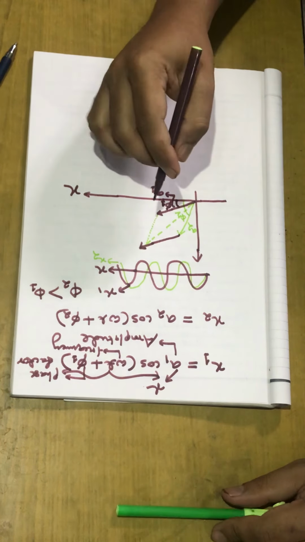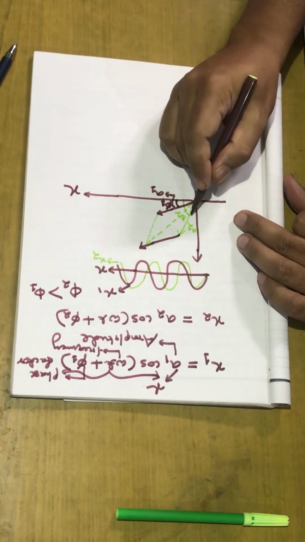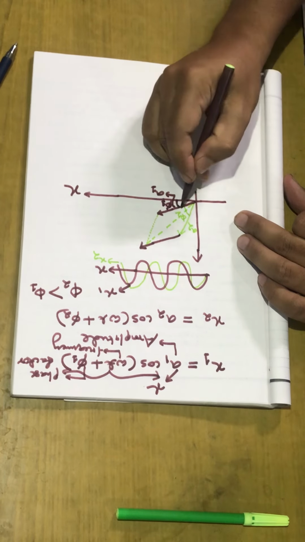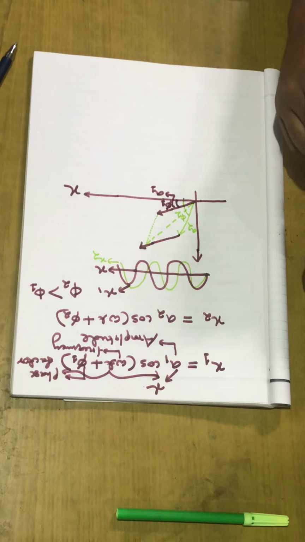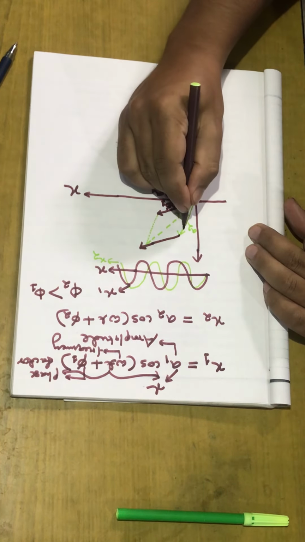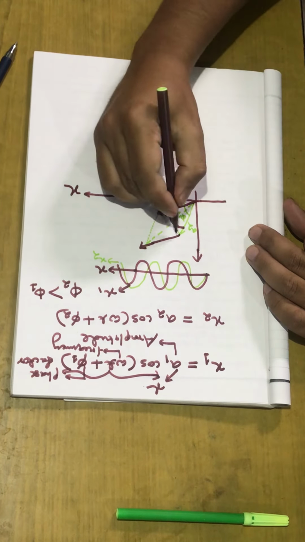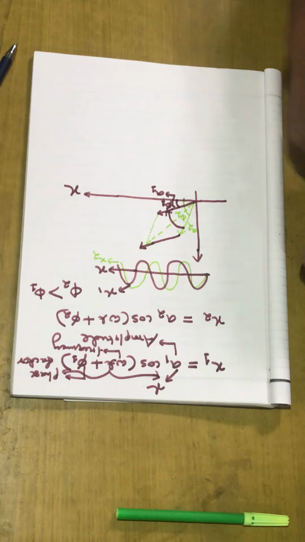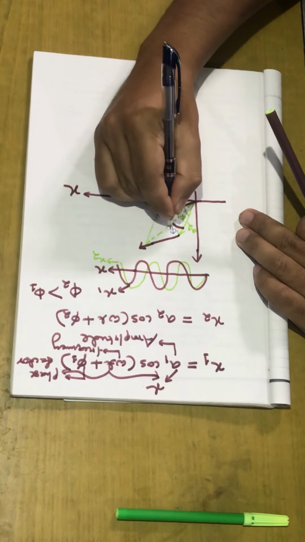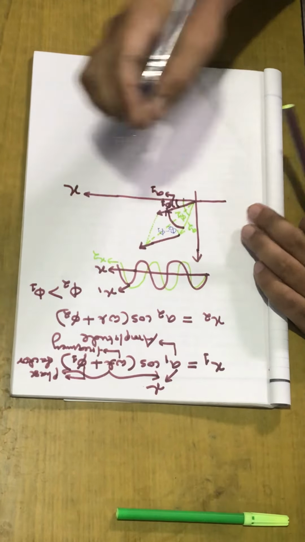So this angle from here to here is phi 2. Therefore, how much will this angle be? Phi 2 minus phi 1. This angle will be phi 2 minus phi 1.